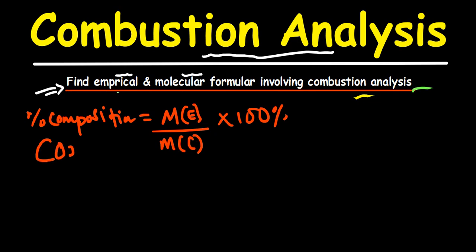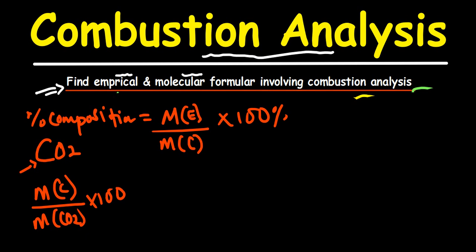We want to find the percentage of carbon in this carbon dioxide. So what are we going to do in order to find the percentage of carbon? We are going to say mass of the carbon divided by mass of the carbon dioxide, and then we multiply by what? By 100.